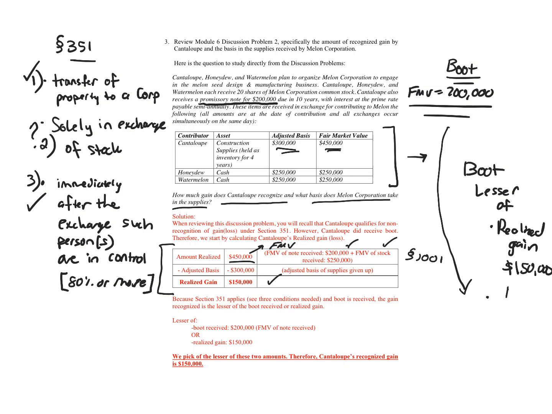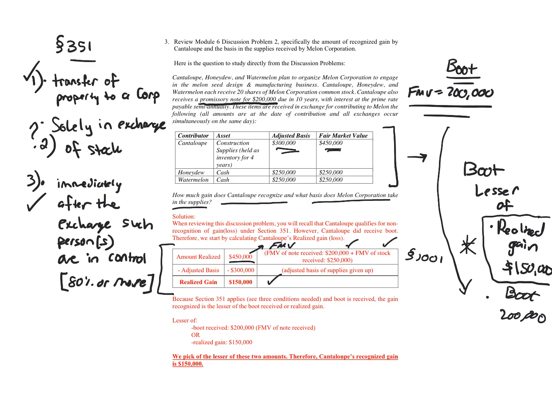The boot here is $200,000. We're taking the lesser of those two. The lesser of those two, of course, is $150,000. So the recognized gain is $150,000.